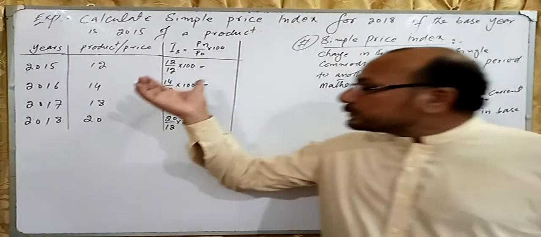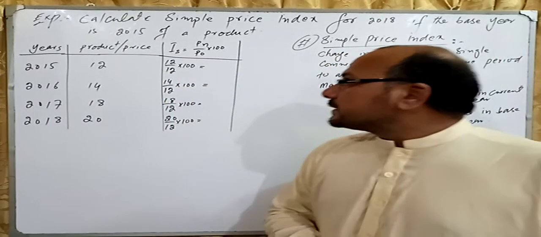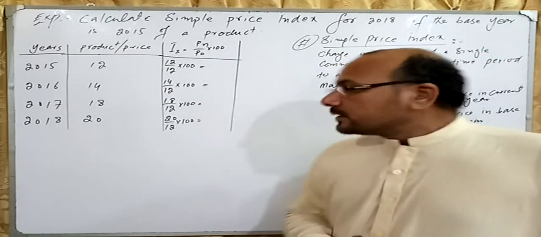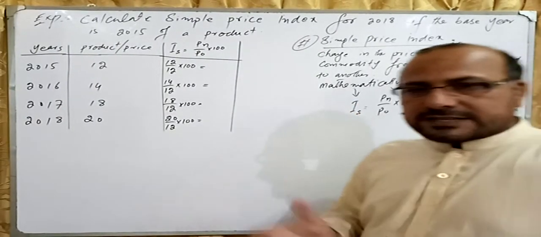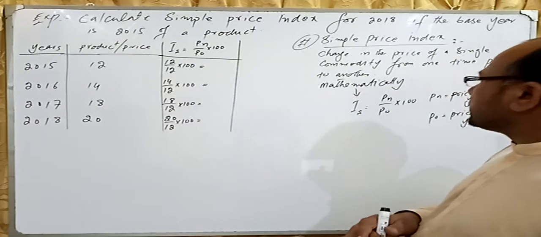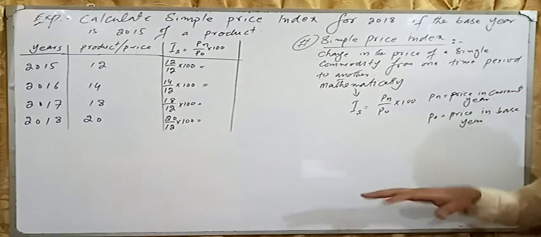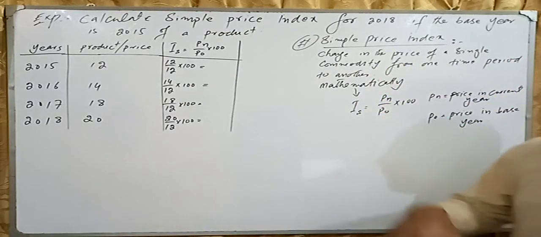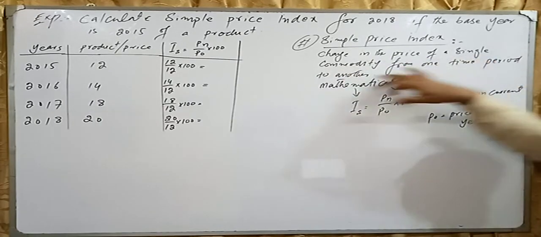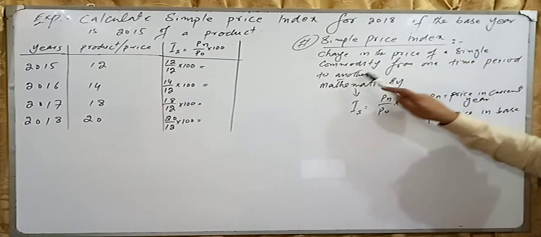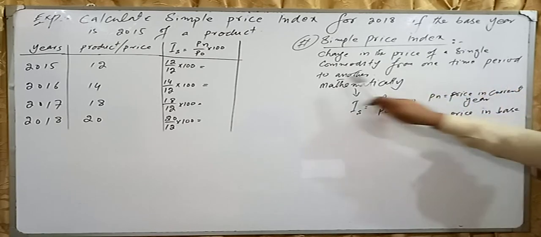But before doing the calculation of the given example, let me give you a little bit of explanation about a simple price index number. A simple price index number measures the change in the price of a single commodity from one time period to another.